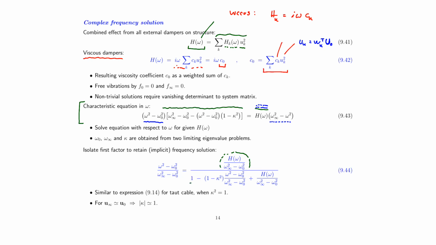In the denominator we have a unit value, and then we have exactly the same fraction down here, and the only change to the cable solution is that we have this modification term, but we see that this modification term is multiplied by 1 minus kappa squared, and for kappa squared equal to 1, this term will vanish, and we get a solution that looks extremely much like the cable solution that we had a while ago.